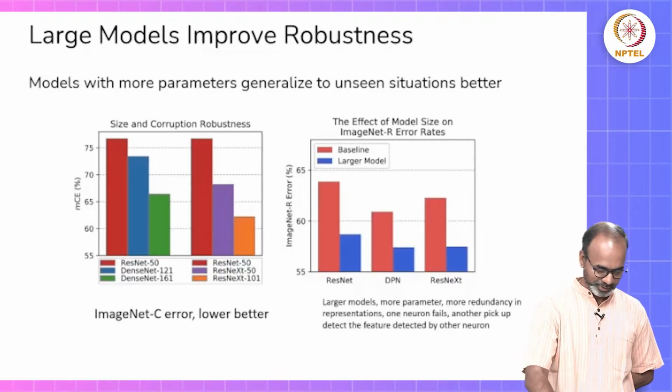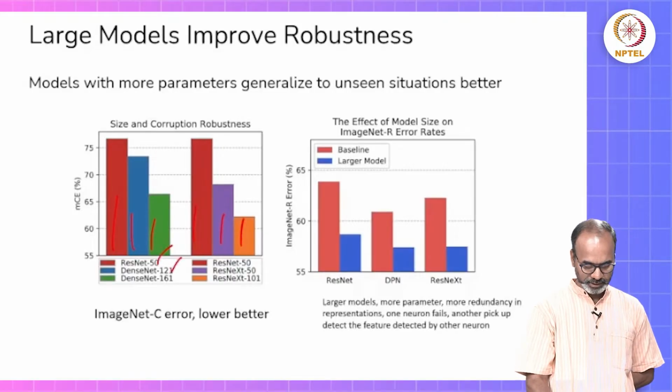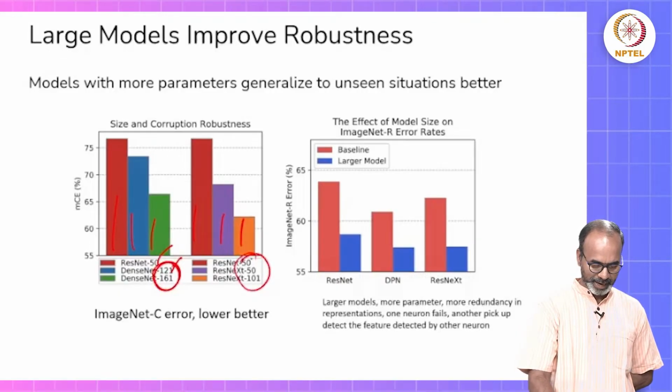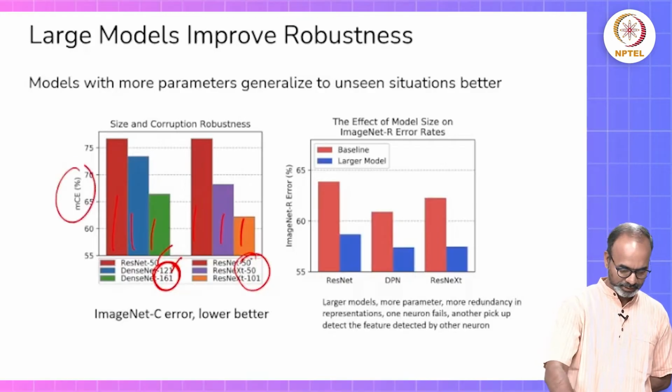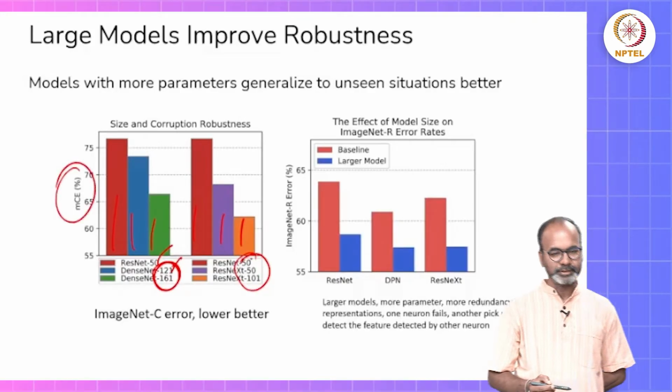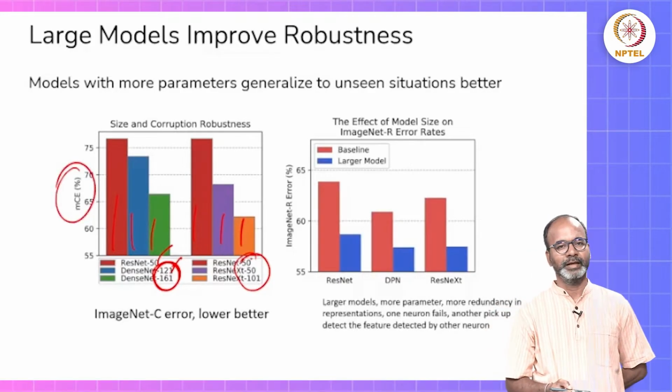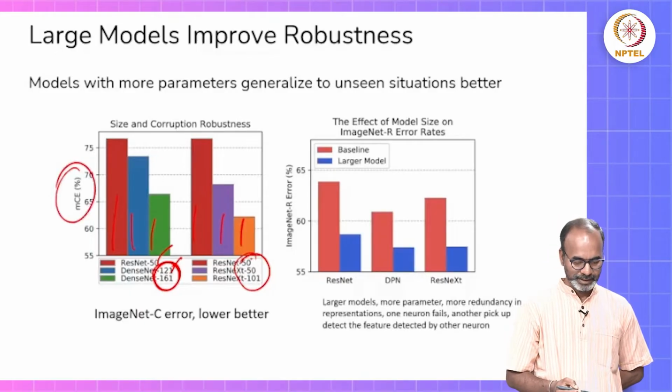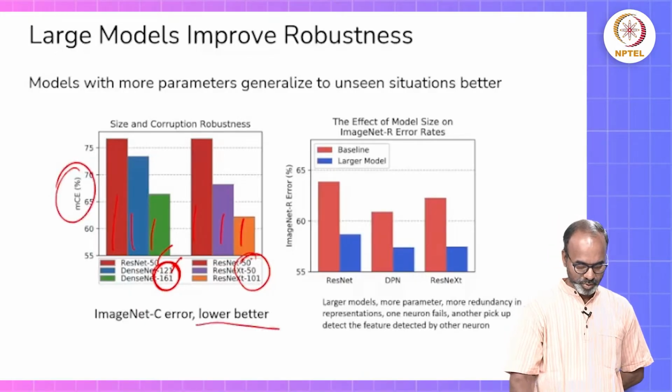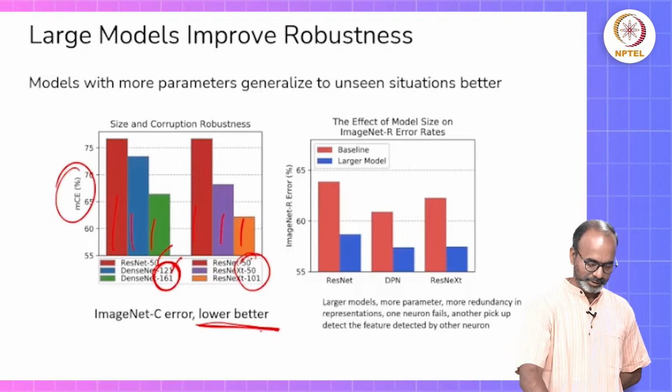On the X-axis are different models, starting from ResNet 50, 121. These are different parameters, right? And if you see, these are the errors that these models have, and lower is better for the error.